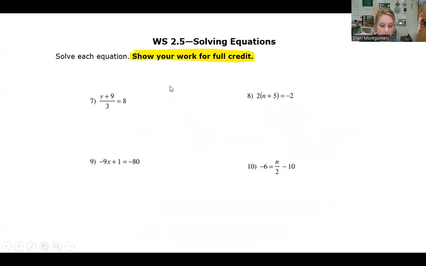Next, we're going to work on the worksheet. So skip down to question number 7. We're doing these first because it's got a fraction in it. Nobody likes fractions. So watch with volume.